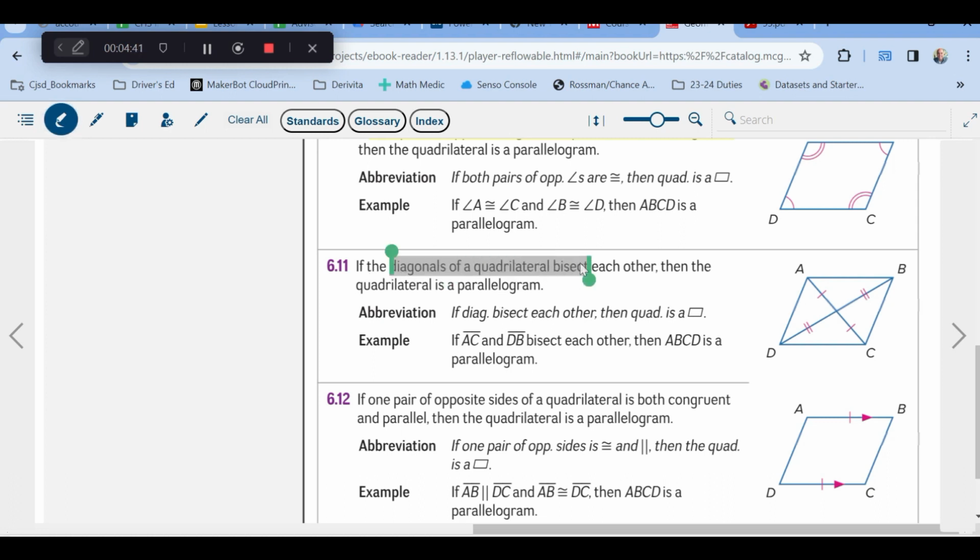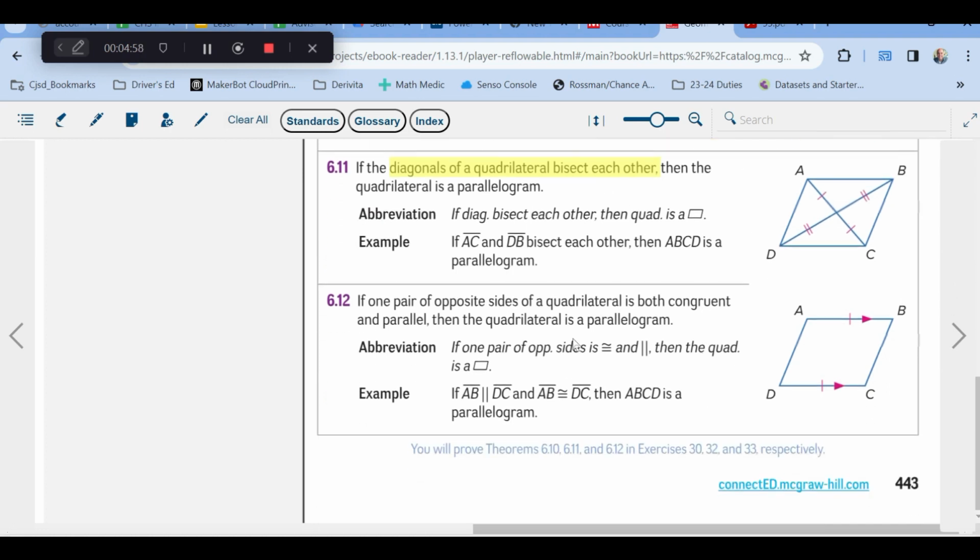Diagonals of a quadrilateral bisect each other. So this half of this diagonal is equal to that half of that diagonal, and the same with this other one. So both pairs are bisecting each other. It's a parallelogram.